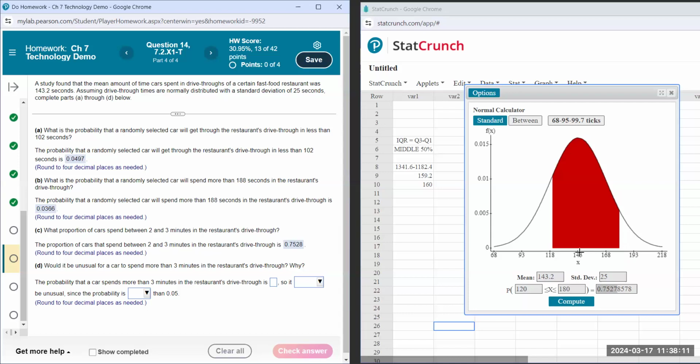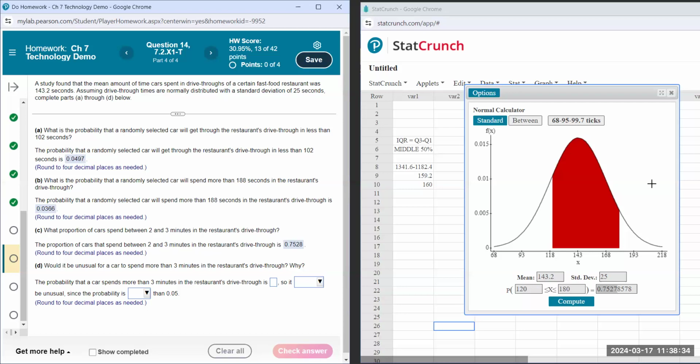Now, there are 2 ways to look at whether something's unusual. If you're more than 2 standard deviations, if it's perfectly normal, which usually in cases it's not perfectly normal, or if this percent is, remember, between 2 standard deviations, it's 95% of the population. So only 5% of the population is unusual, 2.5% over here and 2.5% over here.